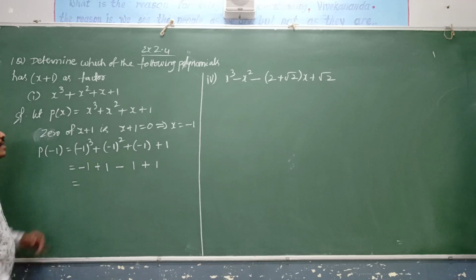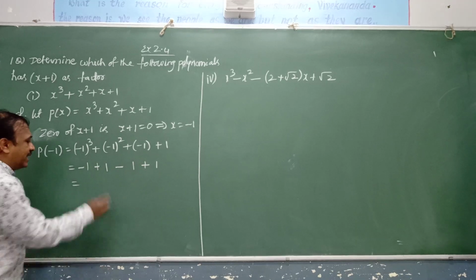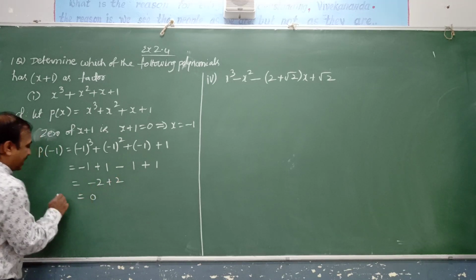Observe it. Minus 1, how many times? 2 times, and plus 1 2 times, which is nothing but minus 2 plus 2 is equal to 0.